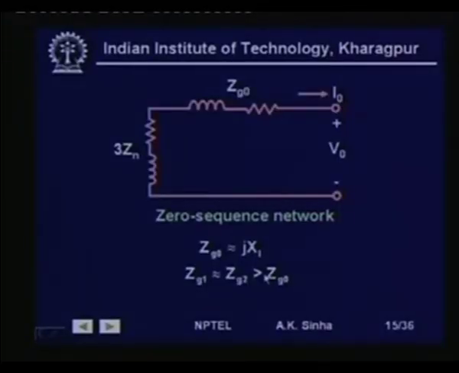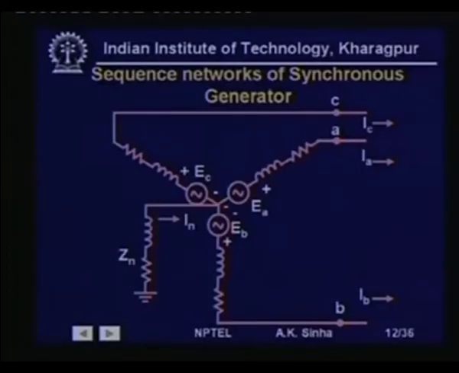Again, we would like to find out the zero sequence reactance. Now, again, zero sequence reactance can be found by supplying a zero sequence current to the three phases. Now, how do we supply a zero sequence current to the three phases?